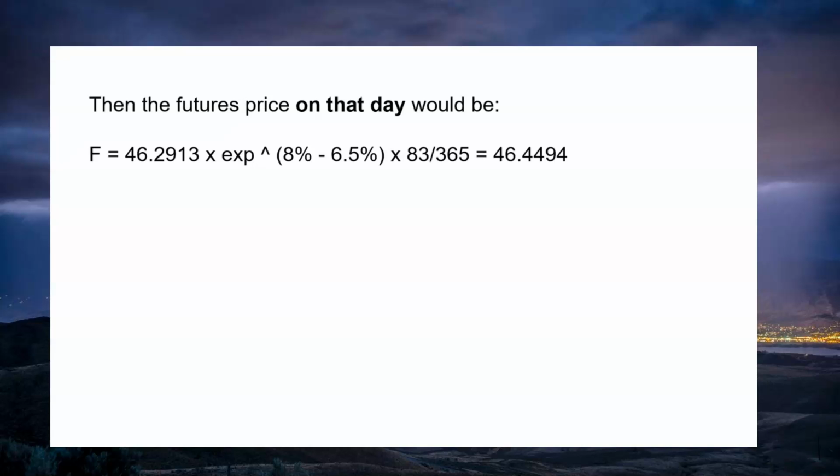That is, futures price is equal to spot price multiplied by continuous compounding using the exponential function of the differential between 8% and 6.5% for 83 days. That is totally 90 days less 7 days, which will give you the futures price of rupees 46.4494.